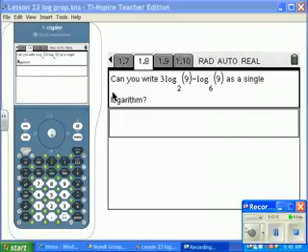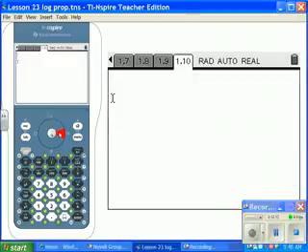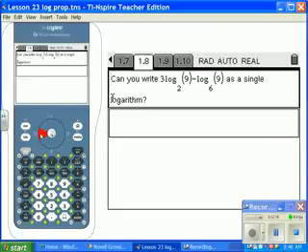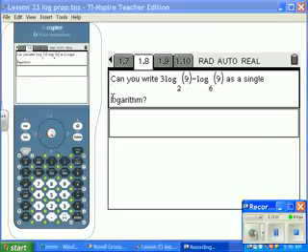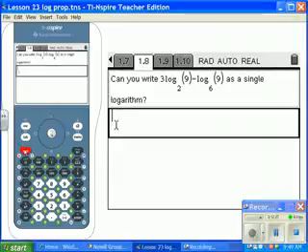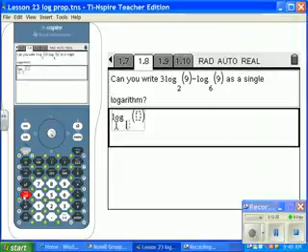All right, I want you to write this logarithm as a single logarithm. So go ahead and give this one a shot. Take a minute. Okay, so that 3 out front, where's it going to go? As an exponent. So you should have at least gotten this far.